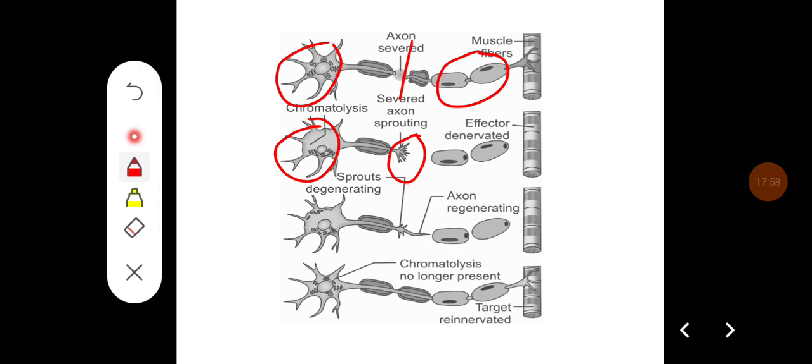There will be plenty, and one pseudopod or fibril will be able to successfully penetrate into the neuronal cells, if the neurolemma is intact, which eventually grows and reaches the target end, and it completely regenerates.